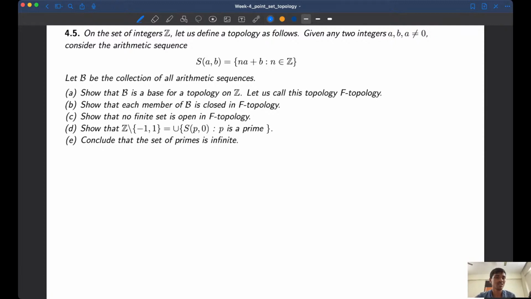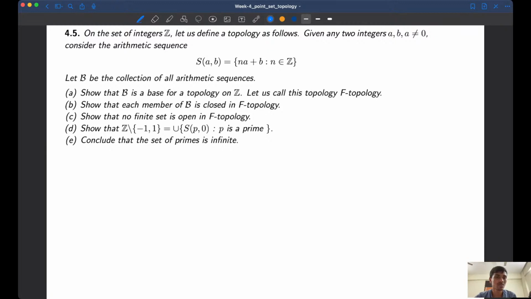So on Z you define a topology like this, or rather not a topology, you define a base which forms a base of the topology, and in that topology no finite set can be open.